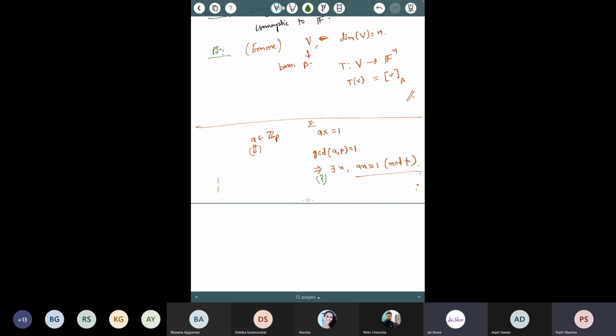If there exists such an X in ZP such that AX equals 1, we have to show that x belongs to ZP. We will take the help of the division algorithm for this. That's how the existence of such an X is involved. But she wants to write X explicitly in terms of A inverse. Now I understand what she means.